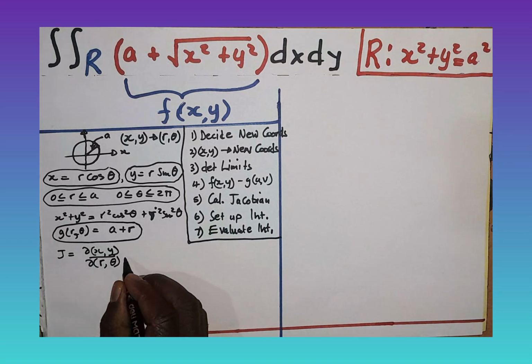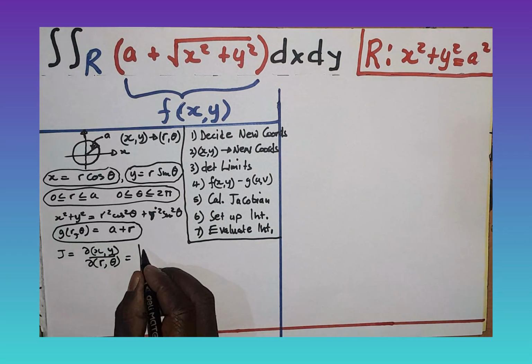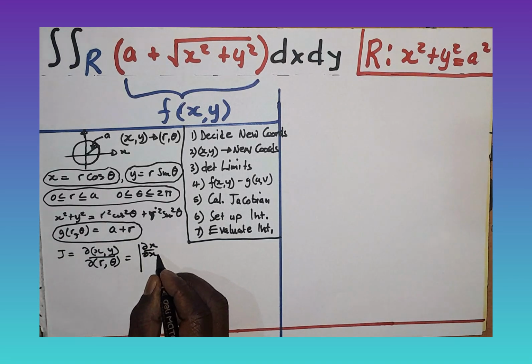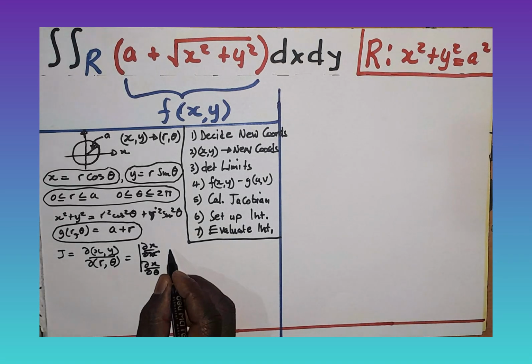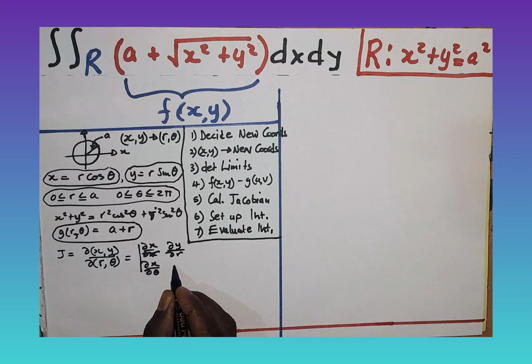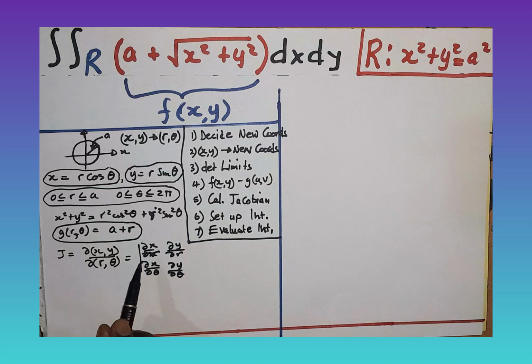And this is a determinant which is equal to partial x over partial r, and partial x over partial theta. Over here, it's partial y over partial r, partial y over partial theta. Just let me repeat because I messed up things down here.